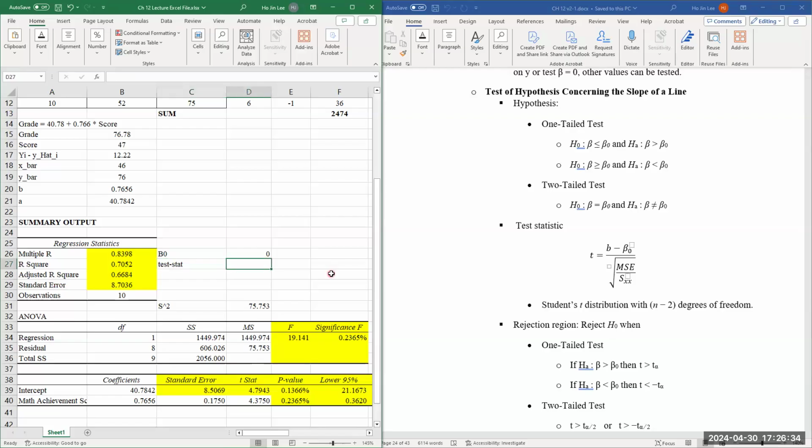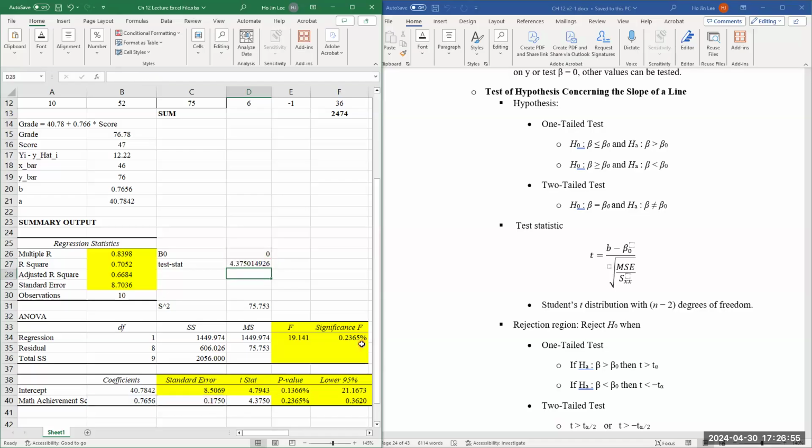The numerator is the coefficient minus b naught of 0, divided by the standard error.